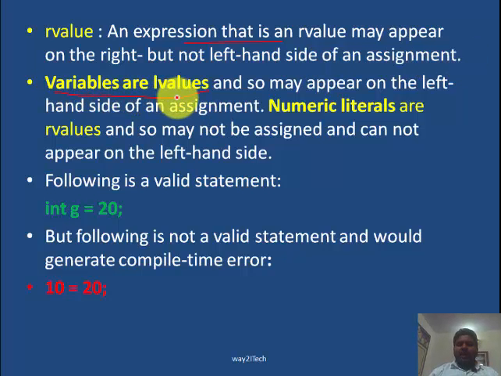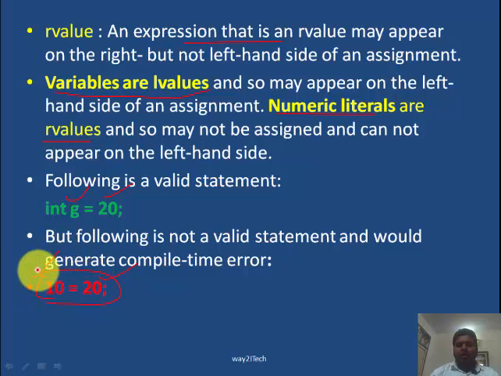Variables are always L values, which means variables can appear on the left side of an expression as well as on the right side. But numeric literals like 20, 10, 100 can only act as R values, which means they can only appear on the right side of an expression. Like this expression is wrong because both sides contain R values.